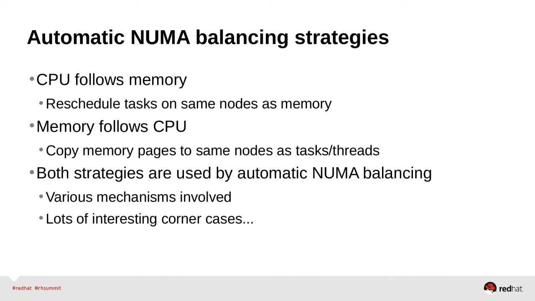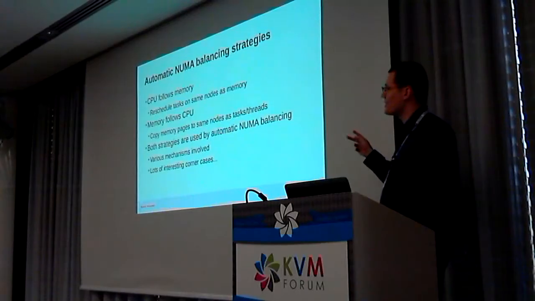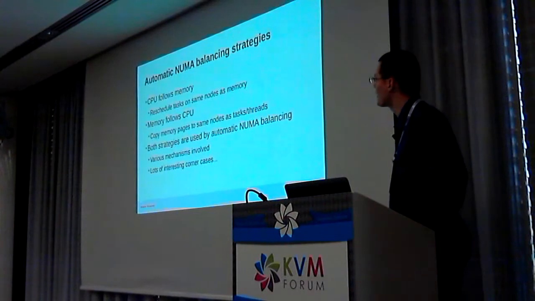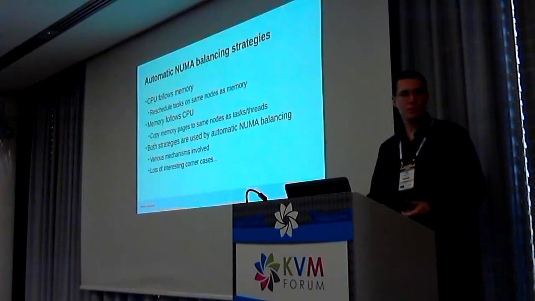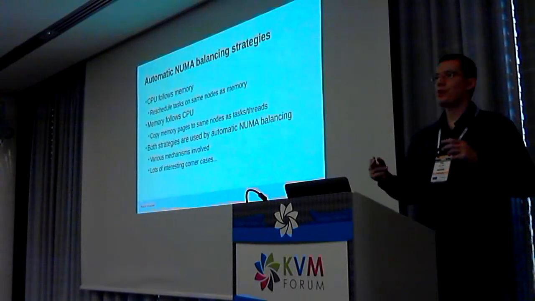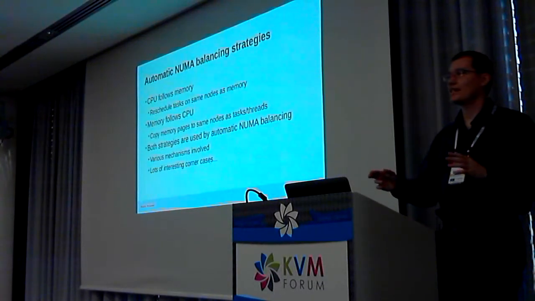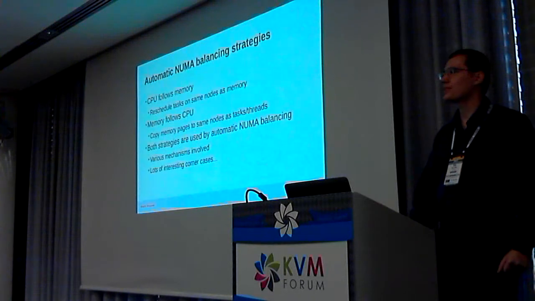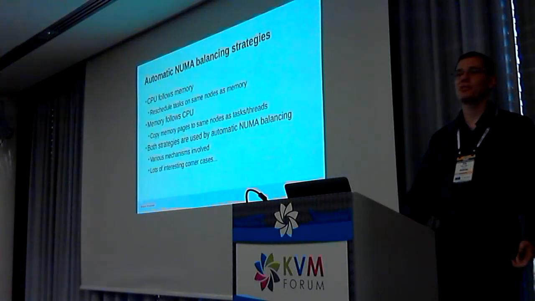To deal with that, the automatic NUMA balancing code has two main strategies. Andrea Arcangeli came up with the realization that both of these are needed a few years ago. The first one is called CPU follows memory, which means we measure where a task has its memory, and we try to run the task where it has most of its memory.